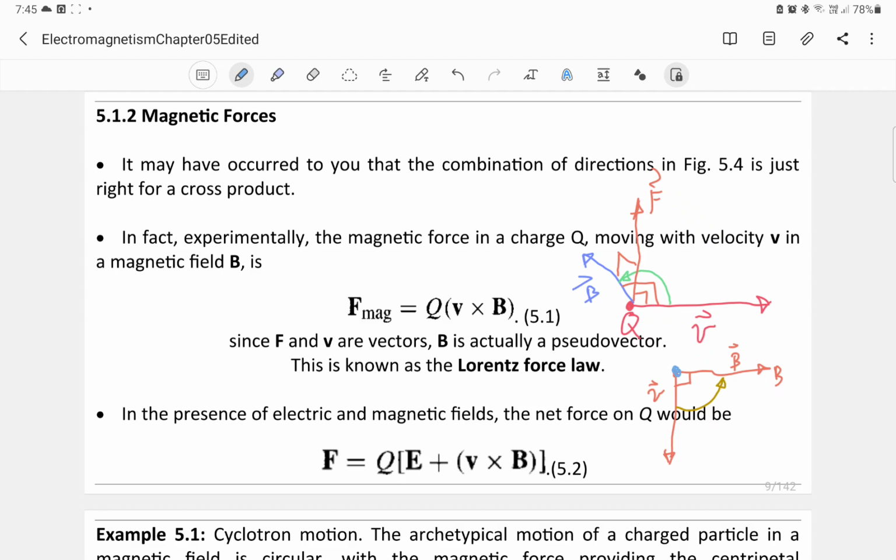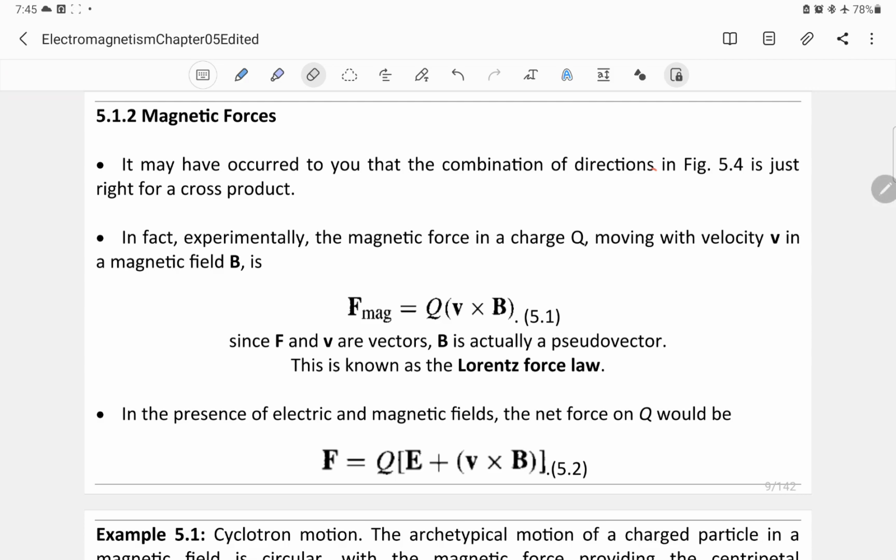So that is the direction of our magnetic field. So you can do experiments with your hands, with your right hand, to determine the directions of these vectors and get familiar with them.